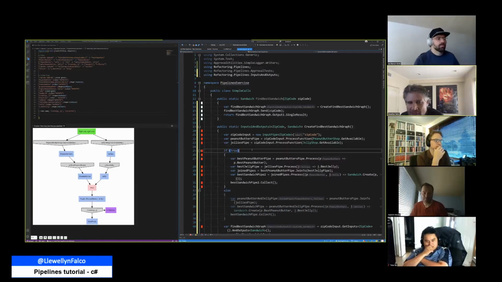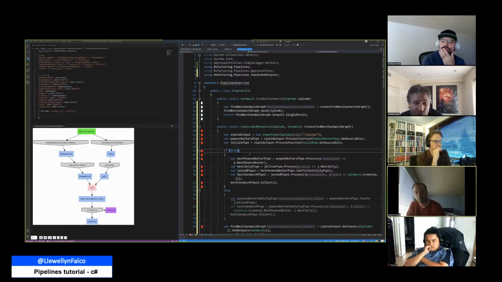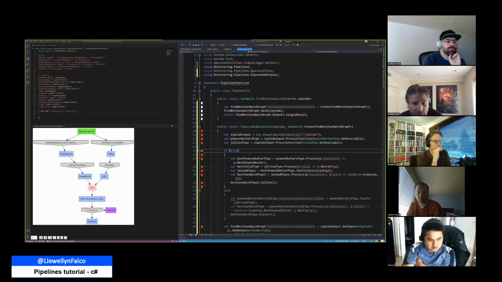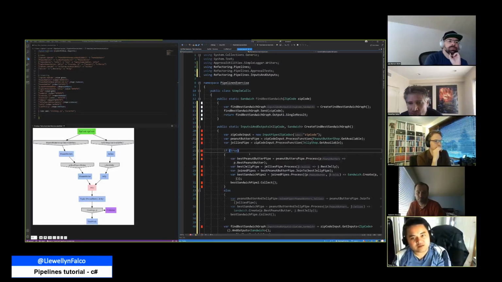And the advantage of this is if getting the best peanut butter is long or getting the best jelly is long, this will make a significant difference when you make it asynchronous. If it's short, the other one was simpler. What do you mean by long and short? I mean taking a long time to execute.